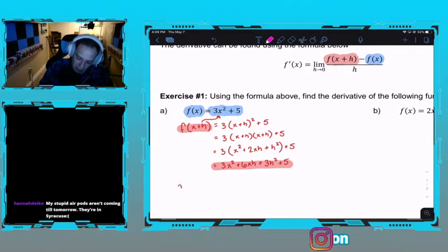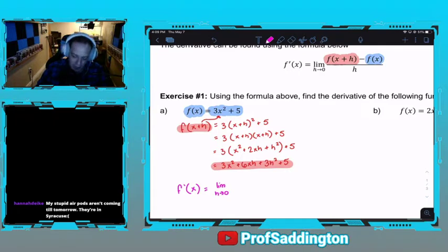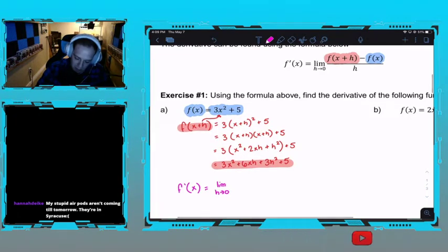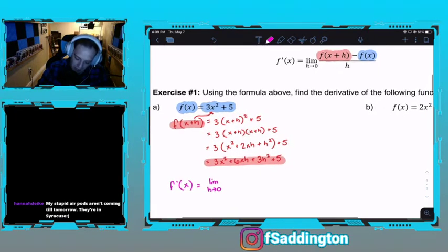So in order to find the derivative, I'm going to plug it into this formula. So it says f prime of x is equal to the limit as h approaches 0. And you guys may have forgotten what that whole limit thing means, but I'll get to that in a second. And it says the first part that we have to plug in on the top of the fraction is f of x plus h.